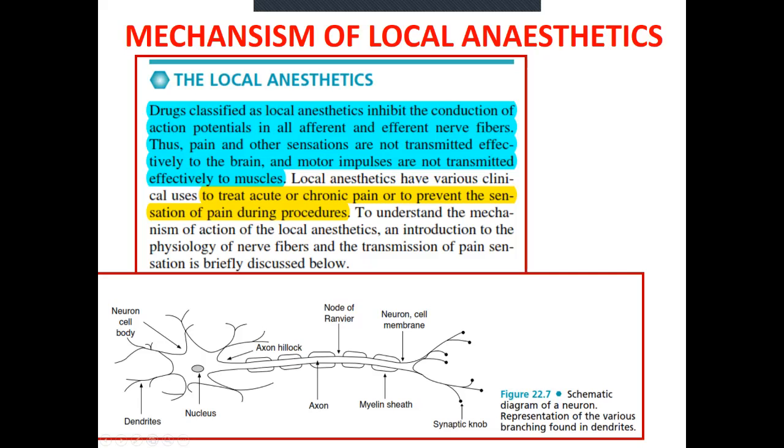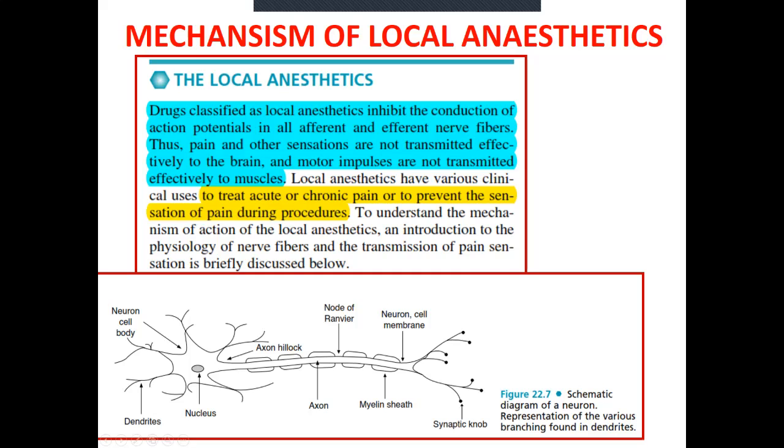It has a body, it has a tail, and it is the axon part. The axon has been shown, and it has a myelin sheath, which is shown here.